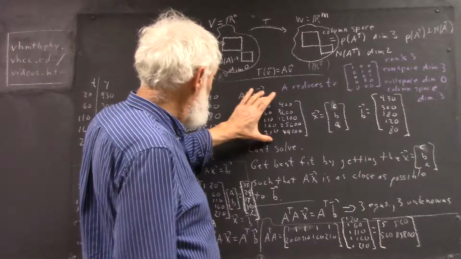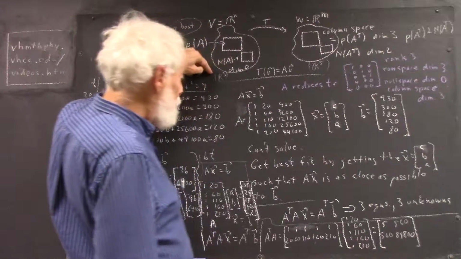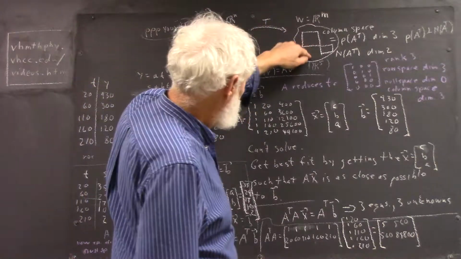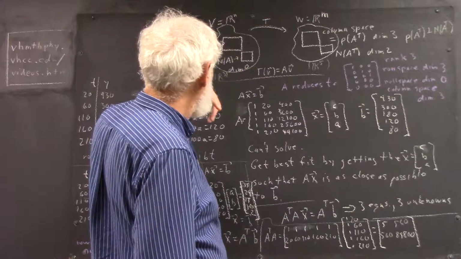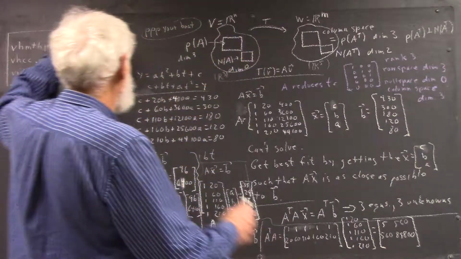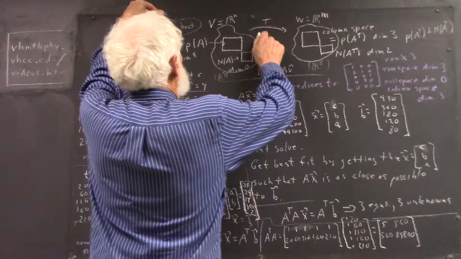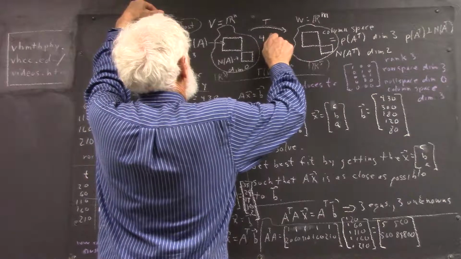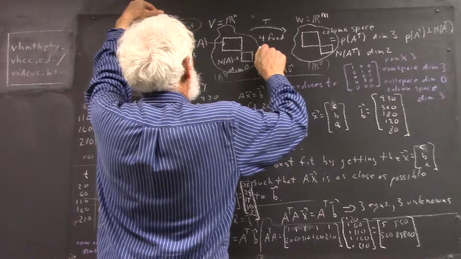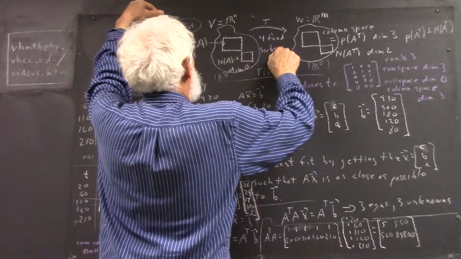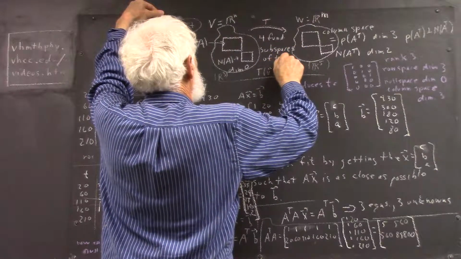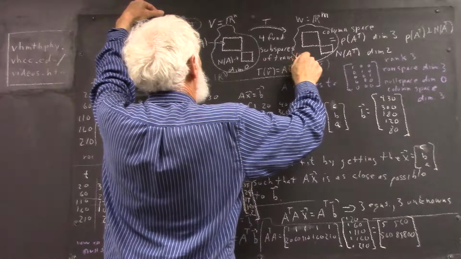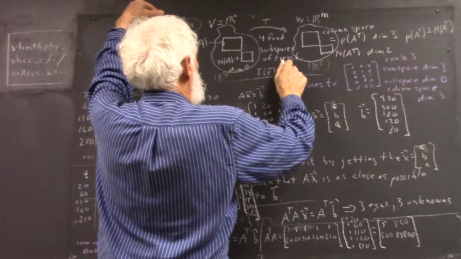When you multiply this matrix by any vector in R3, you're going to get a vector in R5. So these are the 4 basic subspaces. Now say the 4 fundamental subspaces of the transformation defined by the matrix A.